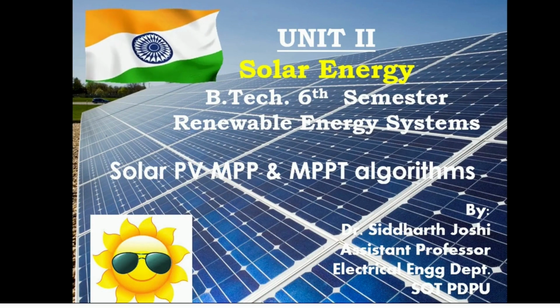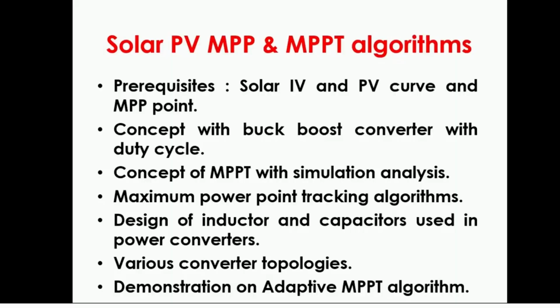Now this maximum power point voltage and maximum power point current shall vary with the change in climatic conditions, that is insolation and the temperature. So let's begin the discussion about these topics.